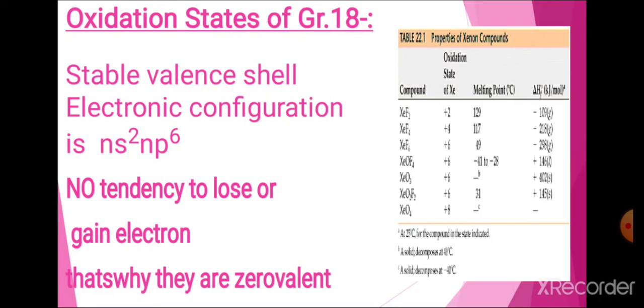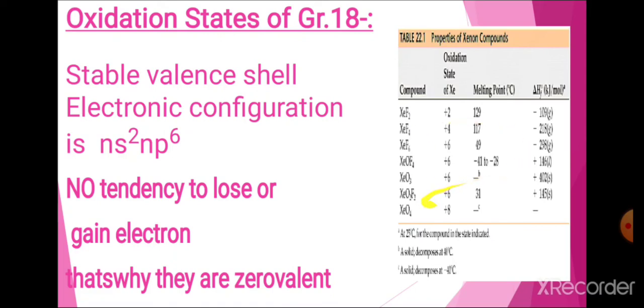The paired electrons of valence shell can be unpaired and promoted to empty d orbitals. The unpaired electrons of xenon can be shared with fluorine or oxygen atoms and form various compounds showing higher oxidation states. Some of the compounds of xenon are given here in this chart.